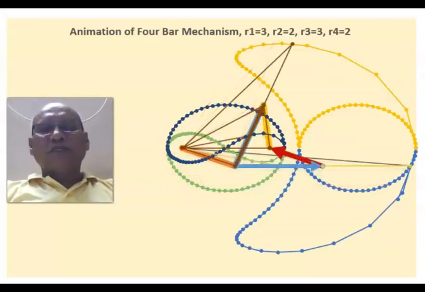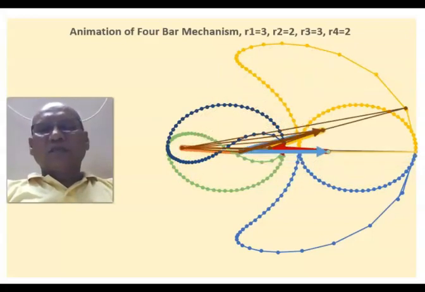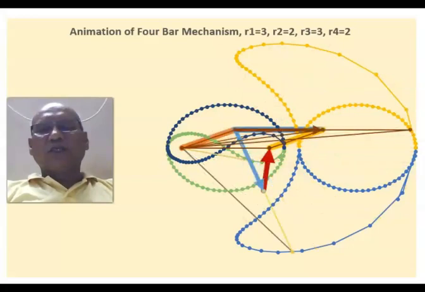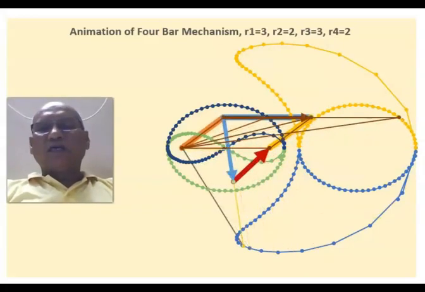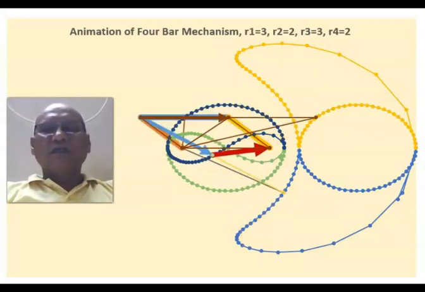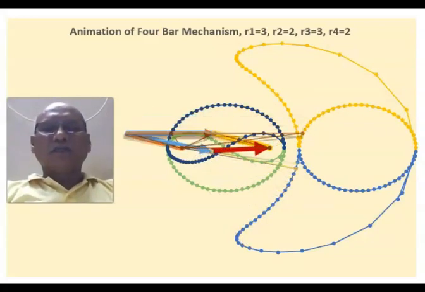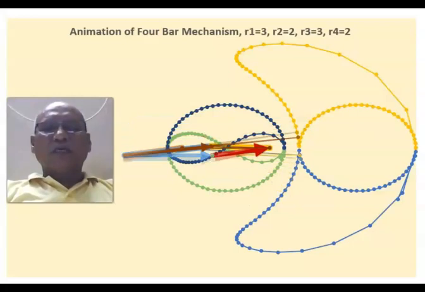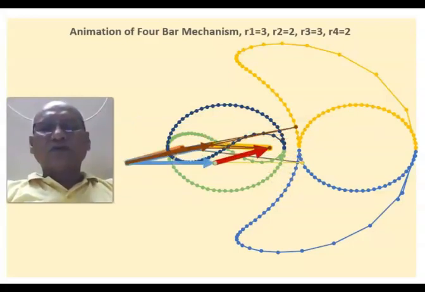The midpoint and double the length of the coupler graphs are shown here, and how they are created is also shown graphically. And this was the problem we required to solve.